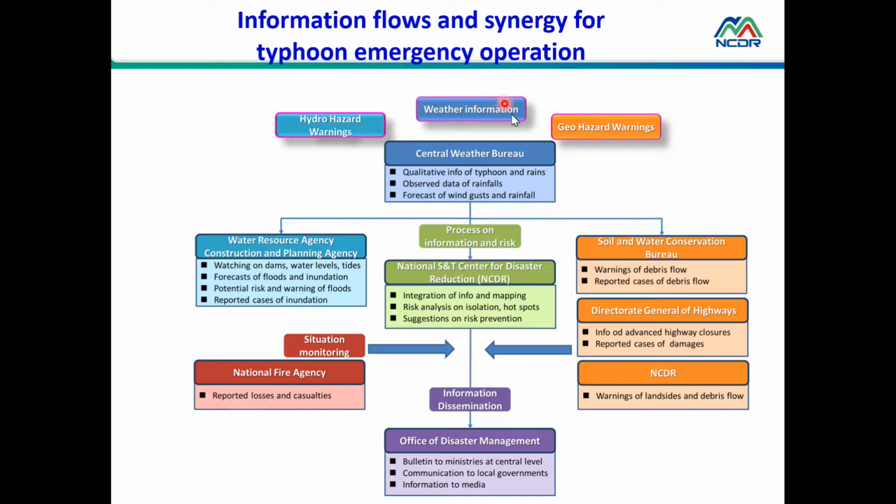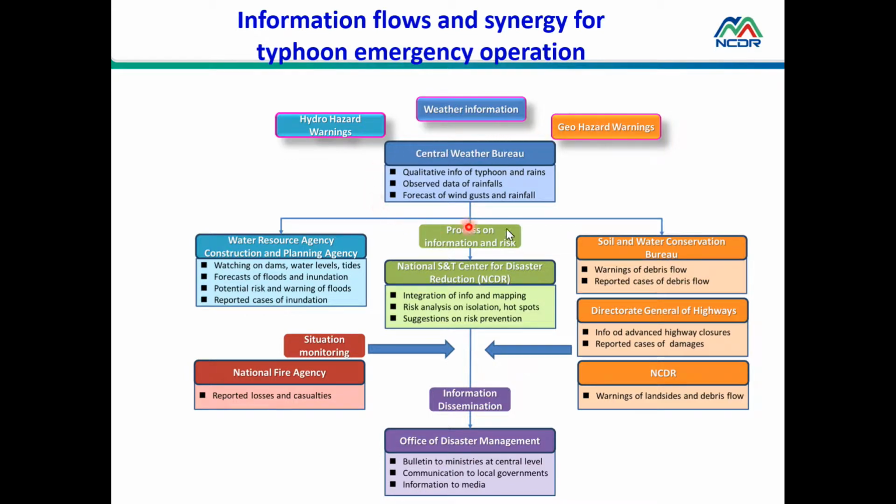The root one is weather information. Based on the weather information, we try to estimate hydro hazard warnings or geo hazard warnings. Hydro warnings are, of course, flash flood or flood in urban areas. Geo hazards are like landslides, debris flows, or other related disasters.